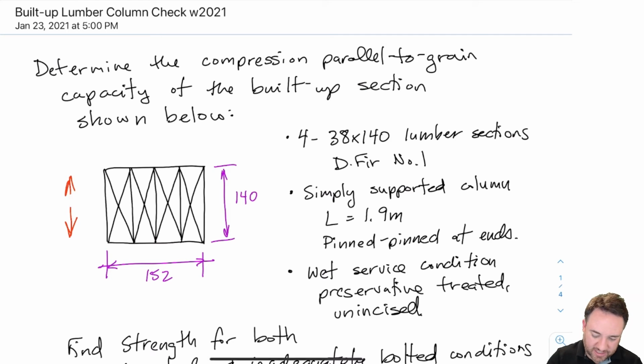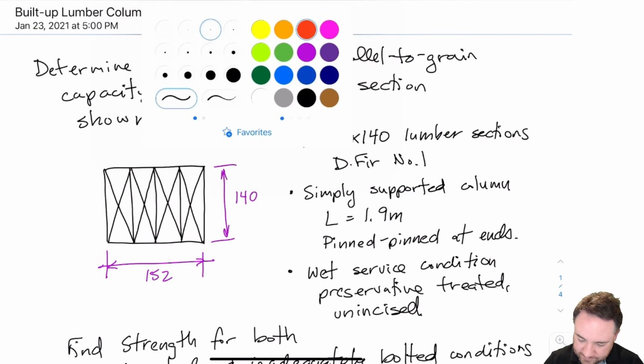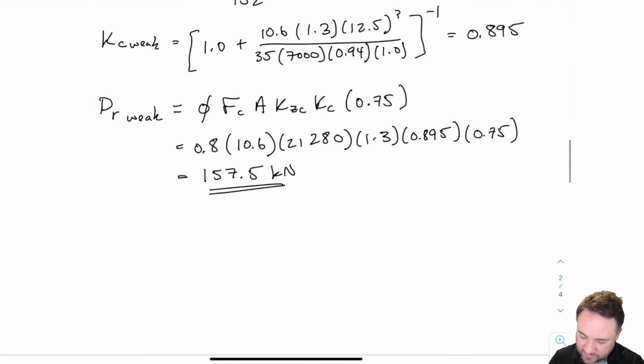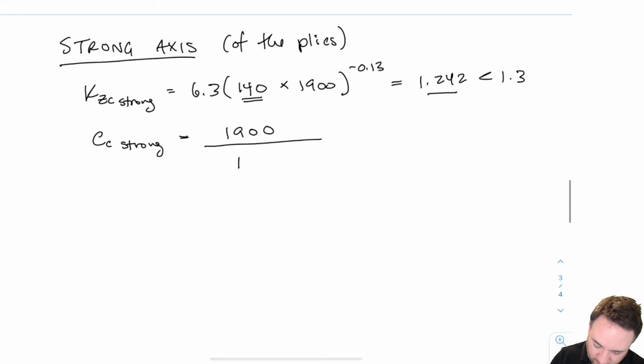So you can see that that doesn't change whether we consider this as a built-up section or not. So we're going to say 140 here, and we get a slenderness of 13.5, say 13.6, which is still less than 50.